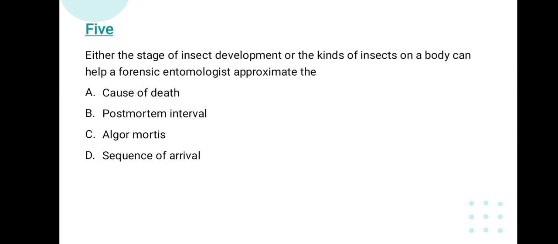Now, the blue fly is usually the first to arrive, and its life cycle, you know how it goes from the eggs, all that, until we have an adult, and the different stages take different time ranges, and therefore this helps our forensic entomologists in estimating the time since death, which is the postmortem interval.